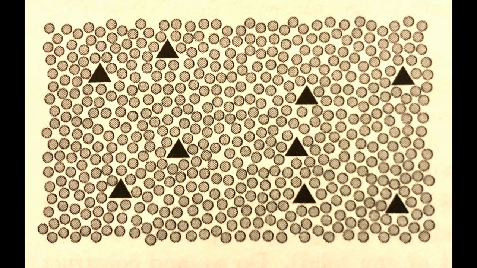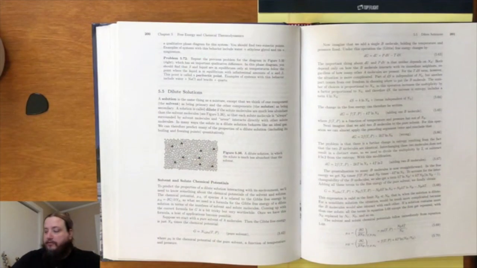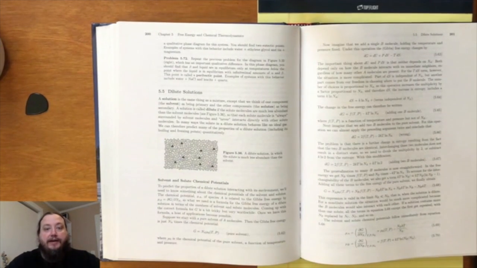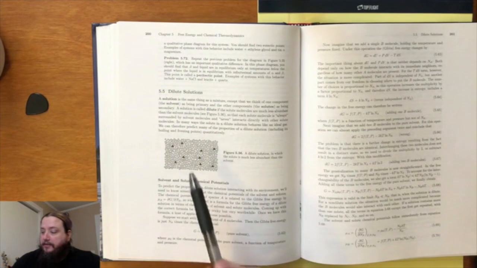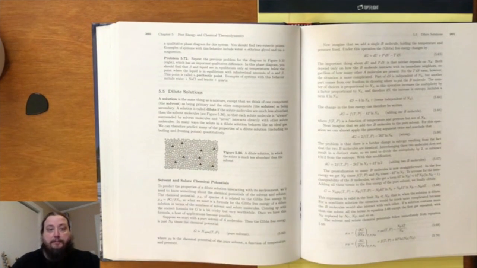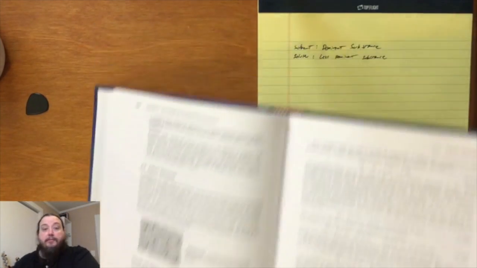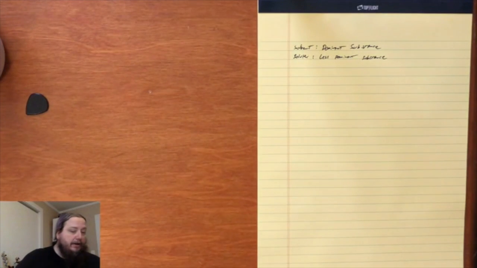In other words, we have a situation like this where the solutes, which are the darker triangles here, never interact directly with each other. They only are ever surrounded by solvent molecules.